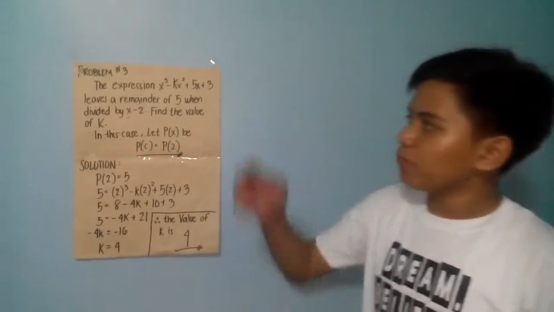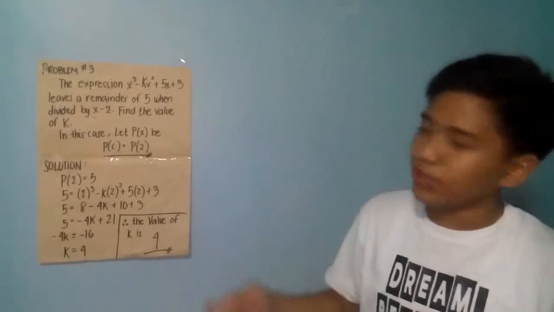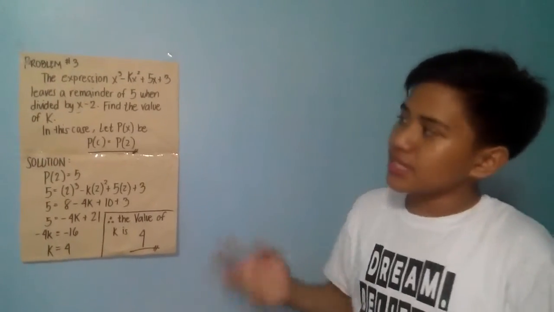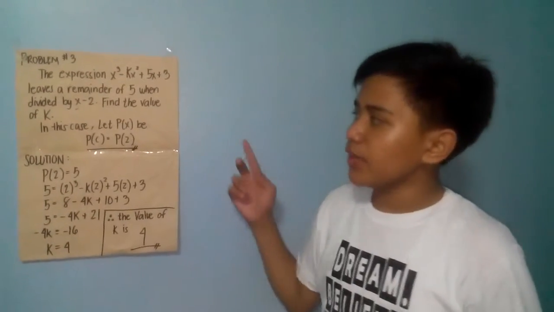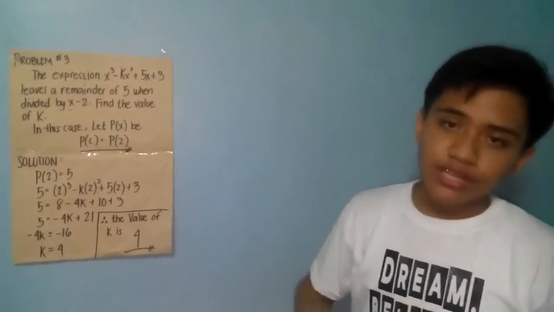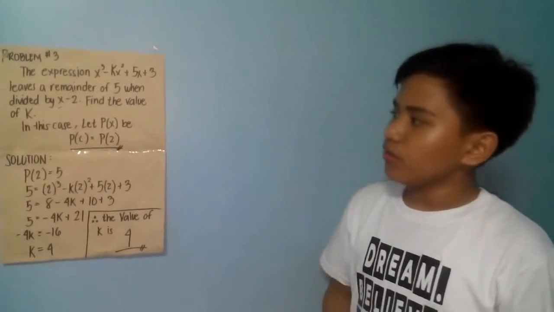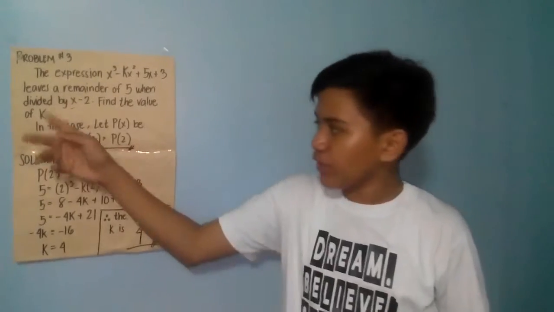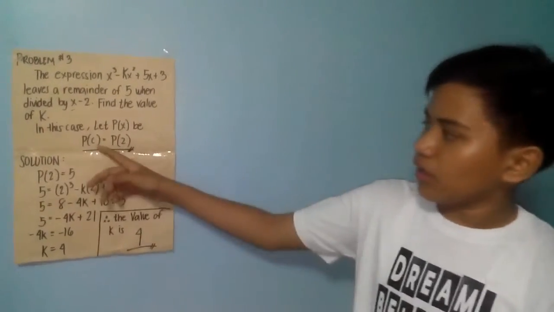So for the last problem, number 3, the expression x cubed minus kx squared plus 5x plus 3 leaves a remainder of 5 when divided by x minus 2. Find the value of k. So in this case, we don't need to find the value of the remainder, but we need to find the value of k. So let p of x be p of c.